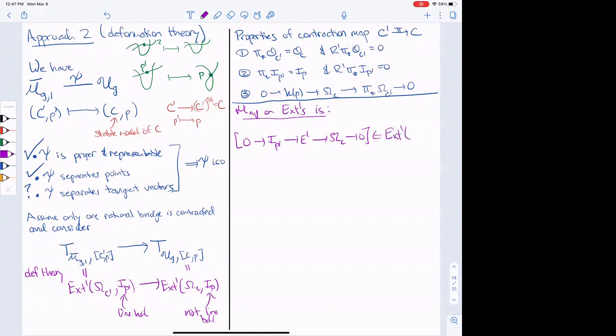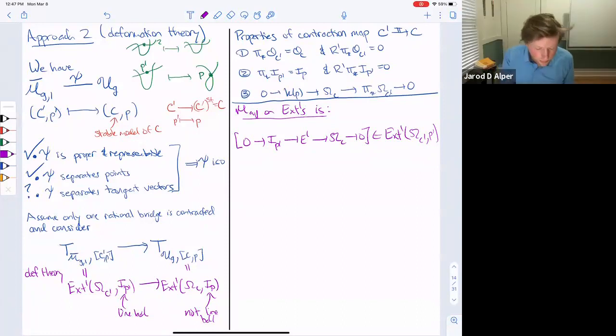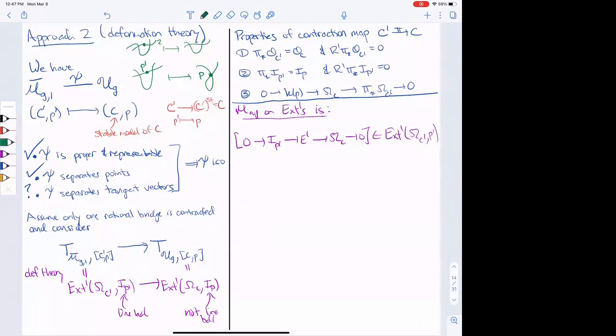So what's wrong with the zeros of x plus y? So why isn't the node just the zero of x plus y? No. So we said that IP is not a line bundle because it's not the zero of one equation.